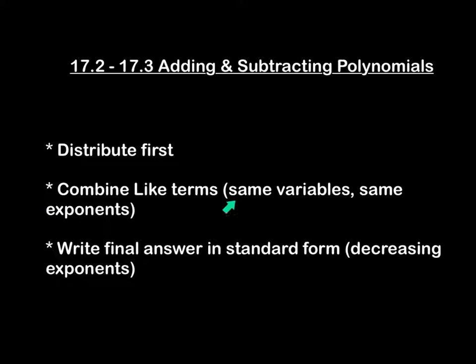Just like today, that means you have to have the exact same variables with the exact same exponents. And then the last thing, we want to write our final answer in standard form. So we are decreasing the exponents. For example, you would have like x to the fifth, and then maybe an x to the third term, and then x squared, right? You have to put them in that order, 5, 3, and then 2.